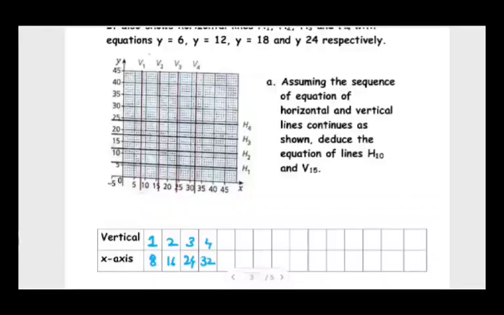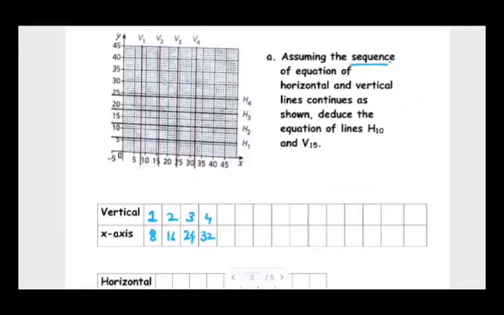Alright, assuming the sequence of equations of horizontal and vertical lines continue as shown, deduce the equation of lines H10 and V15.